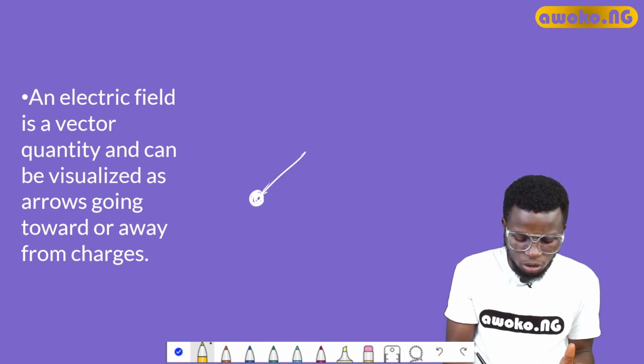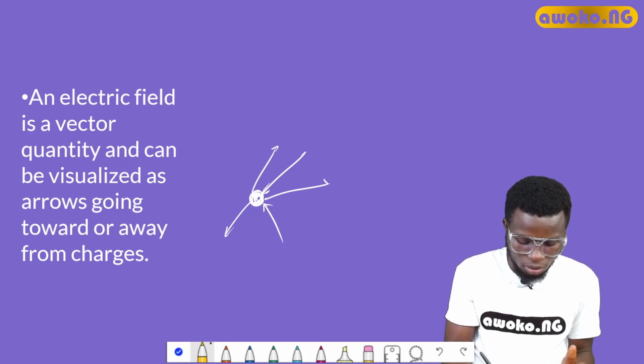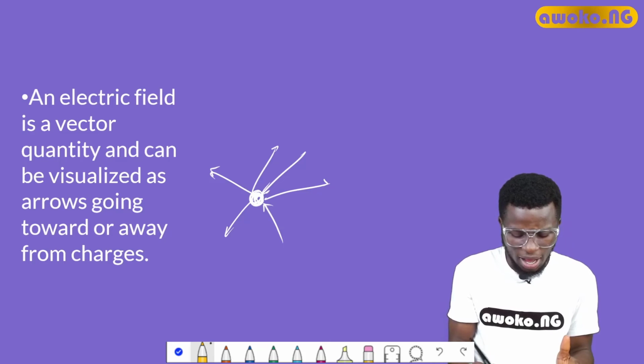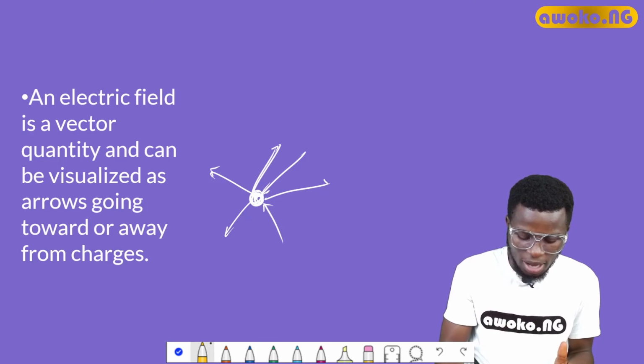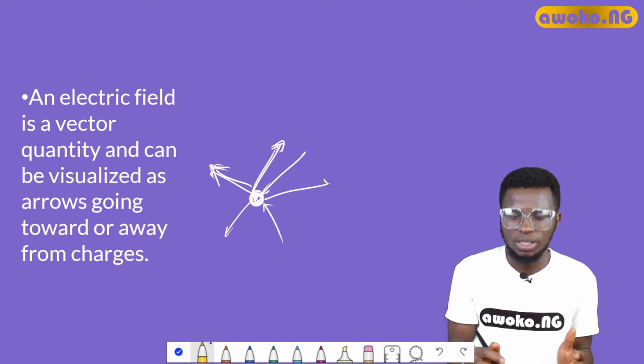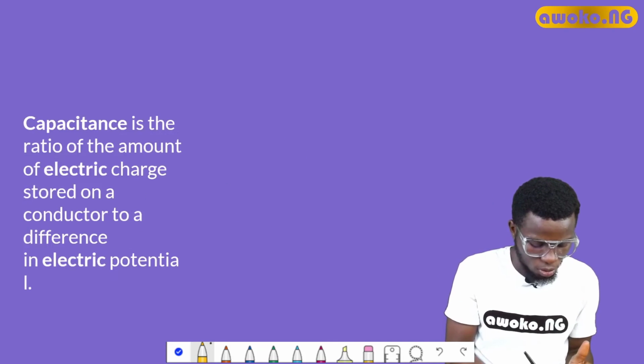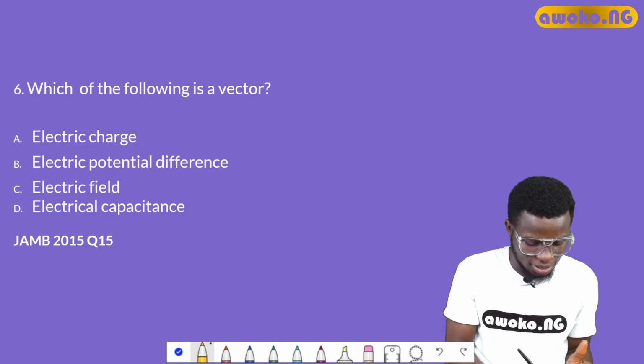It is either moving towards or moving outwards, away from it. Since it describes the direction of the movement of the charges, we say electric field is a vector quantity. We have our answer already as electric field.